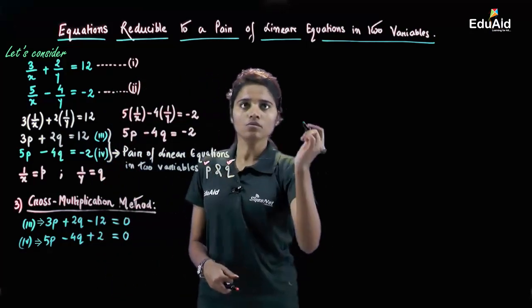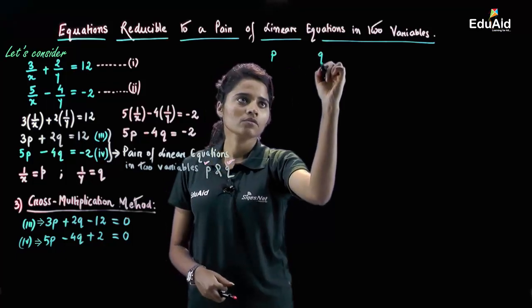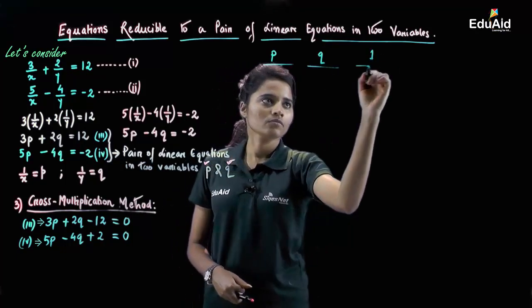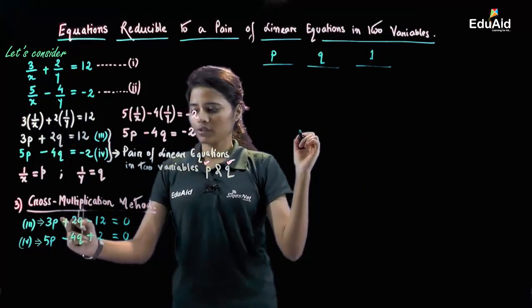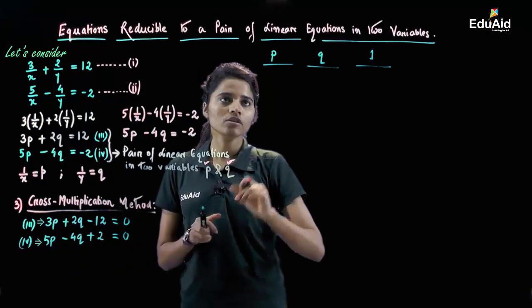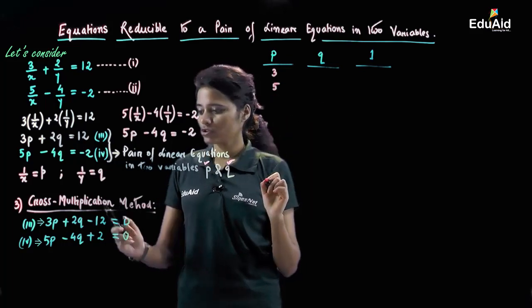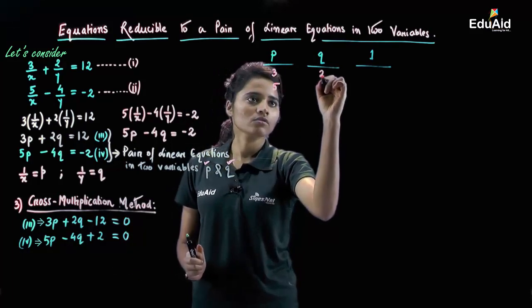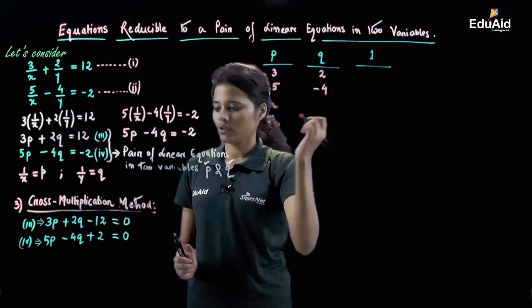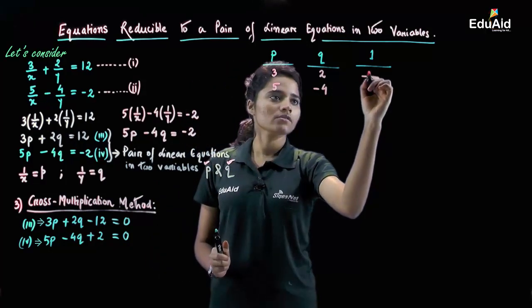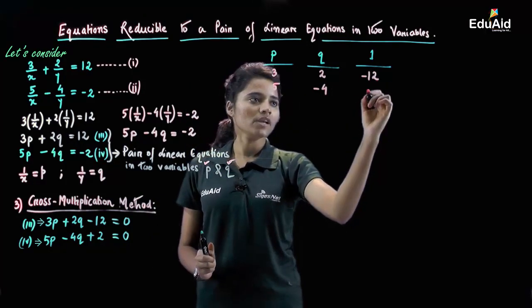Okay, so now the coefficients of p are 3 and 5. What about q? 2 and minus 4. The constants are minus 12 and plus 2.